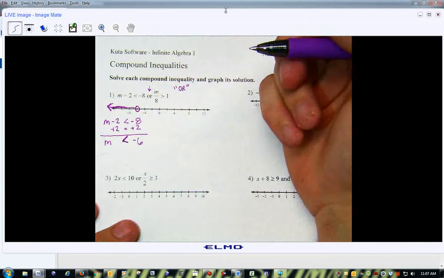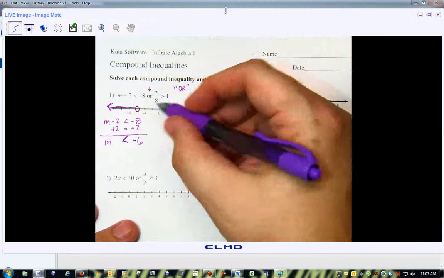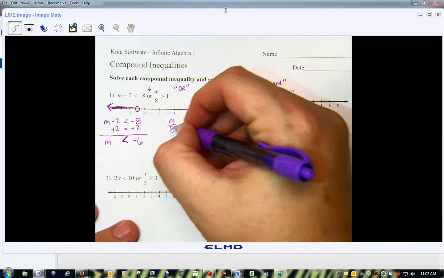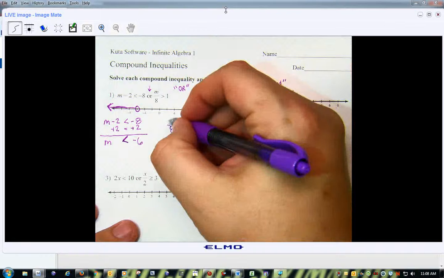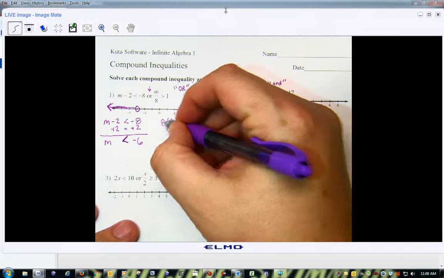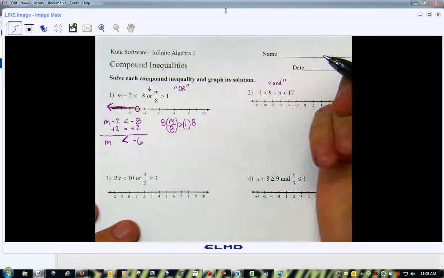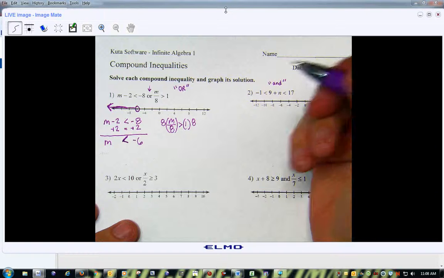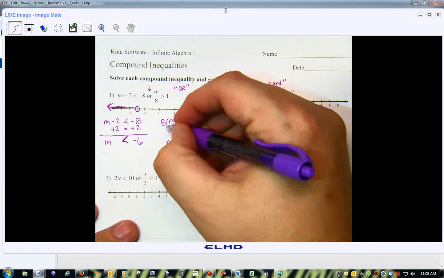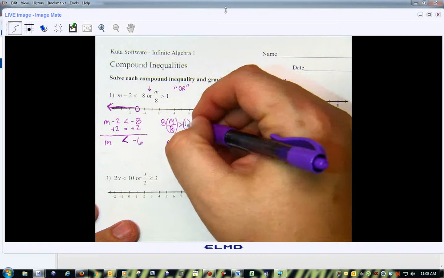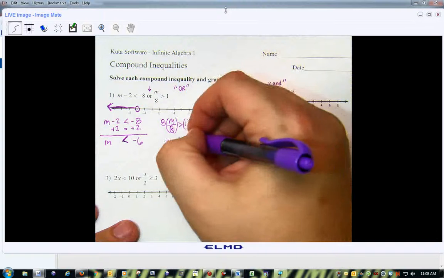Now, you take the second part. m divided by 8 is greater than 1. Multiply both sides by 8. Those 8's divide out. I'm left with m, which is greater than, what's 1 times 8? 8. So I go to 8.